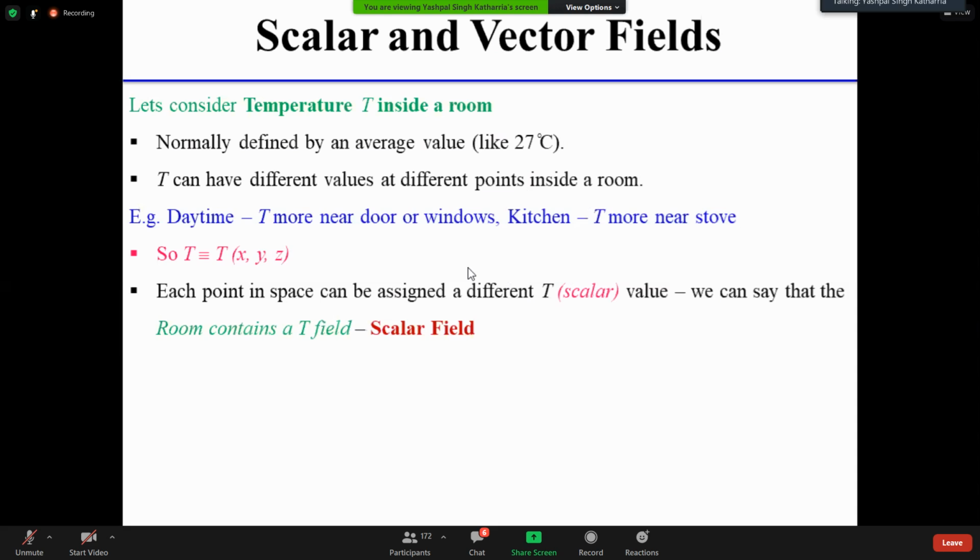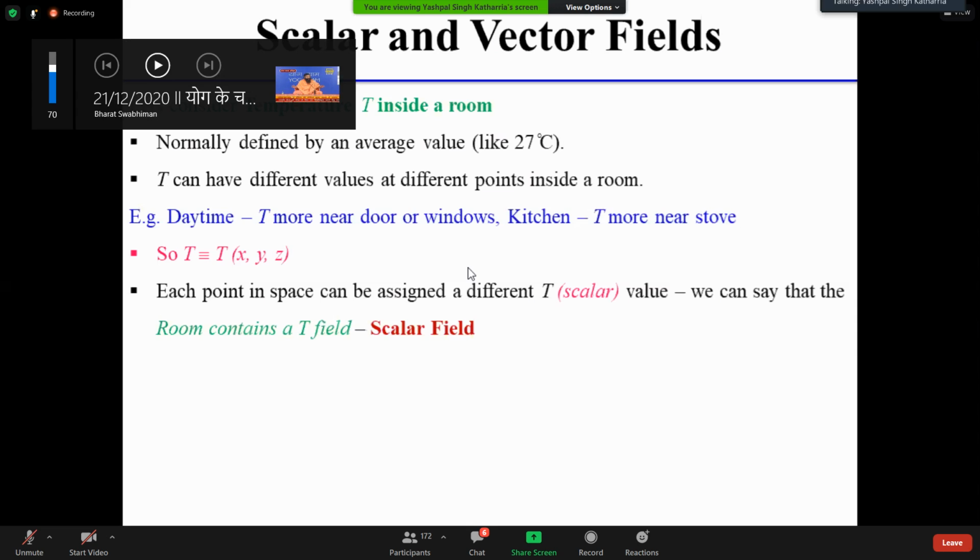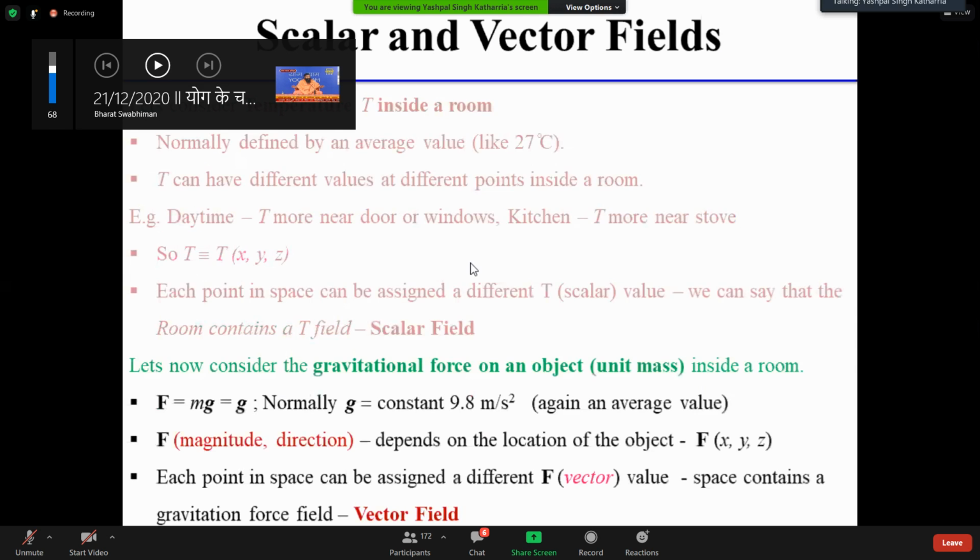Next we can take an example of a vector field. For example, you can consider the same room, and then consider an object with unit mass, and then start thinking about the gravitational force on it.